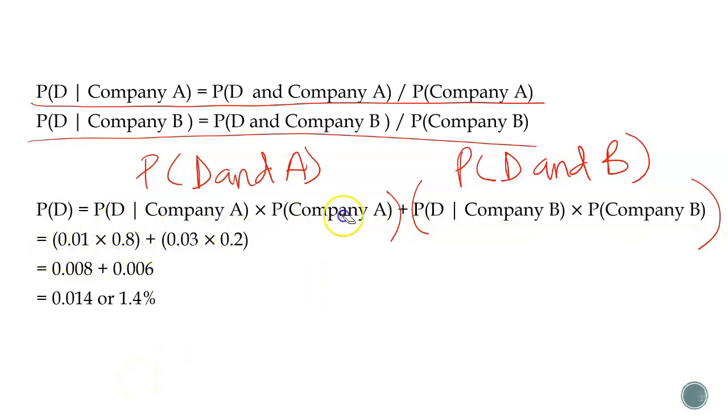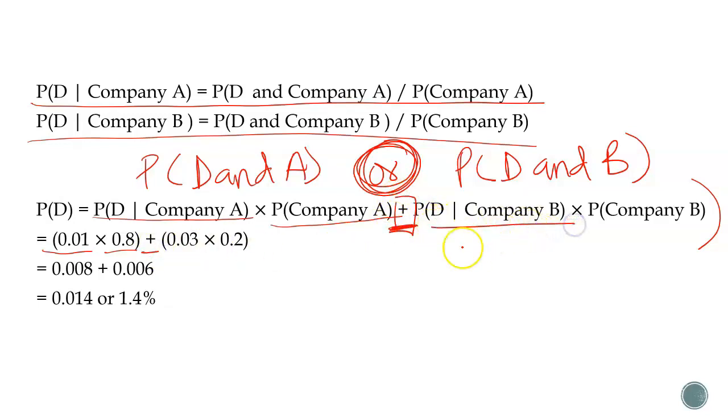P of D given Company A, that was in the question to be my 0.01. My probability of Company A is this. And whenever you have an instance of 'or', we use the plus sign. So that's how come we have the plus here. Then probability of D given Company B was given to us in the question. So we have this to be our final answer.